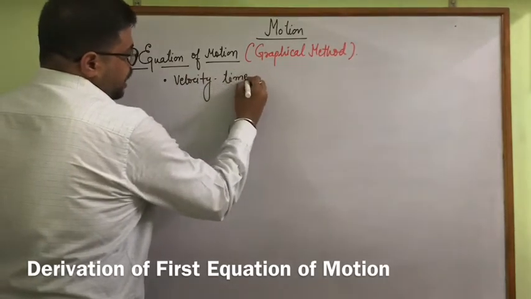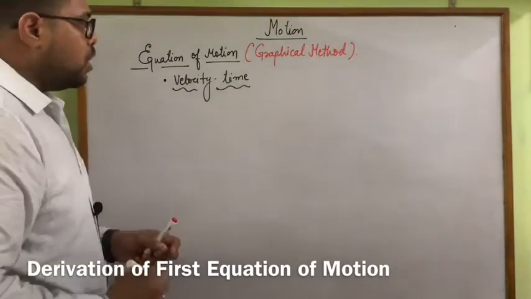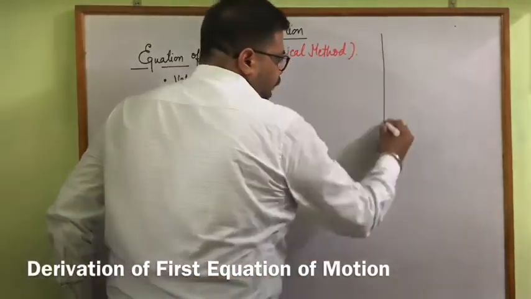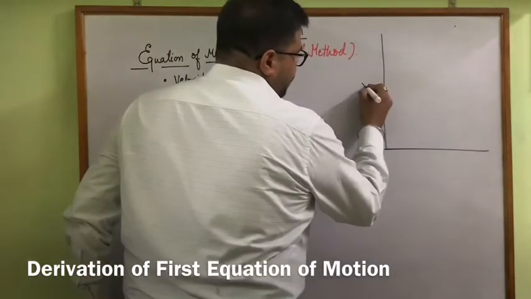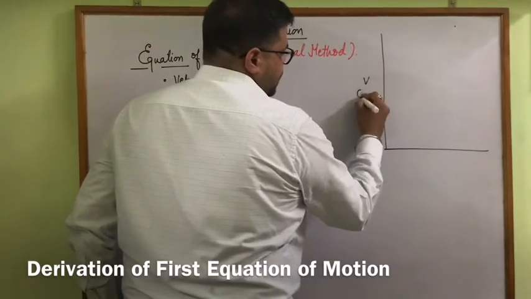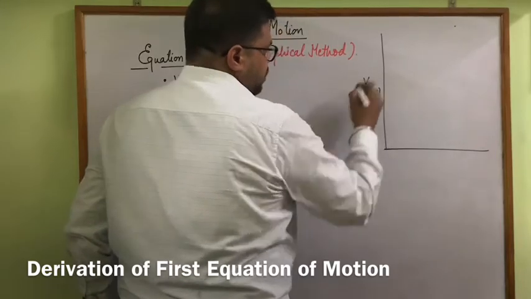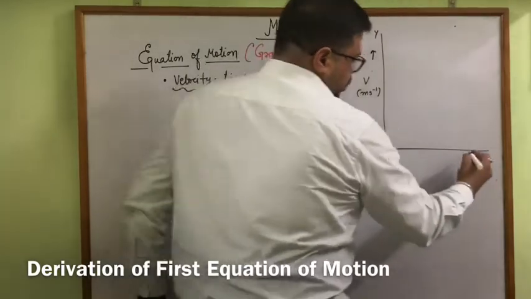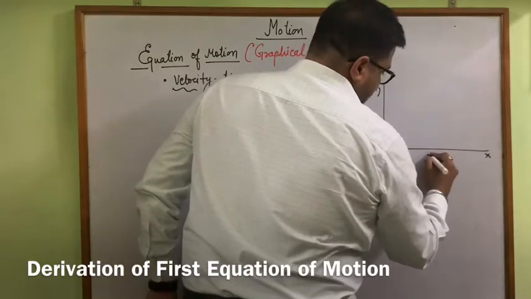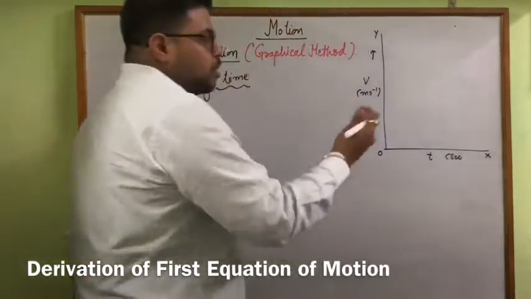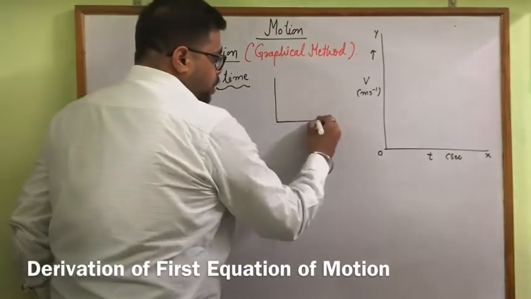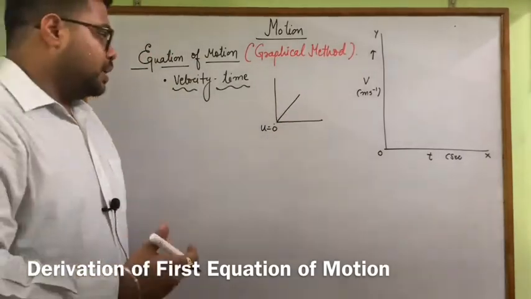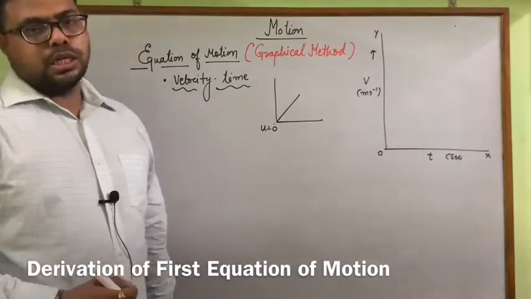Because here we are going to describe the velocity-time relation, first of all I draw the graph between velocity, measured in meters per second, on the OY axis, and on the OX axis we take time t in seconds. In the previous graph of uniform acceleration the initial velocity was 0, but in this condition I am taking the case where the initial velocity cannot be 0.